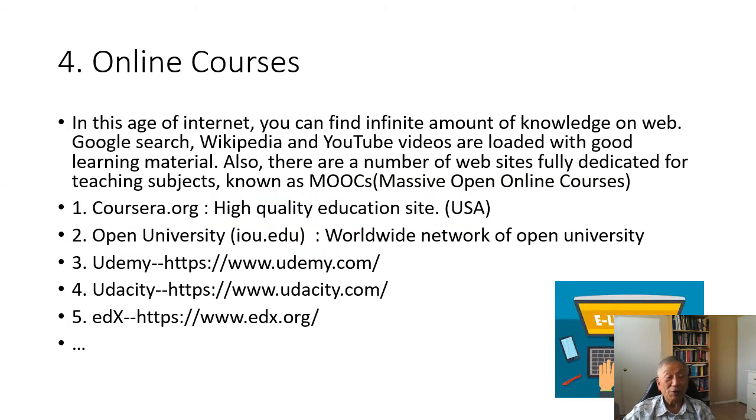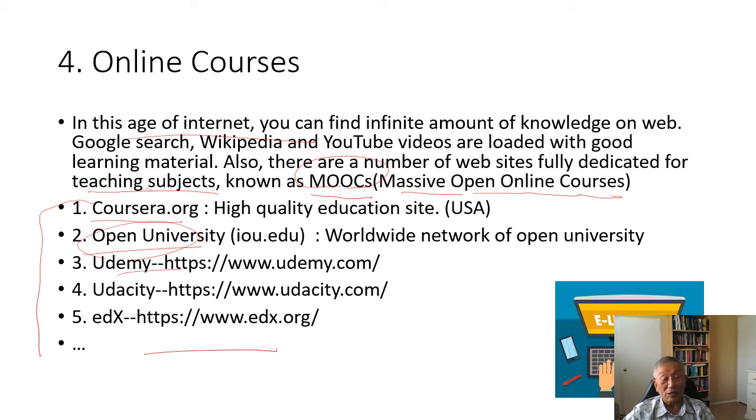Then there are a whole bunch of online courses that I'm just putting in a list on our website. MOOCs, that is massive open online courses, that's called MOOCs. And then Coursera is very famous, and Open University. Originally they started from Britain, but now it is all over the world. And Udemy.